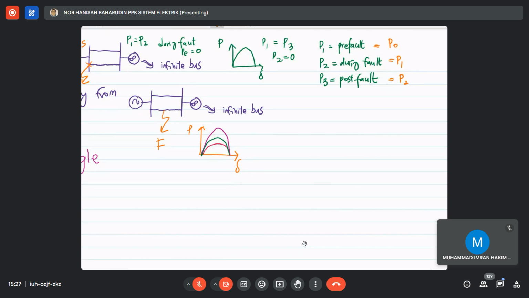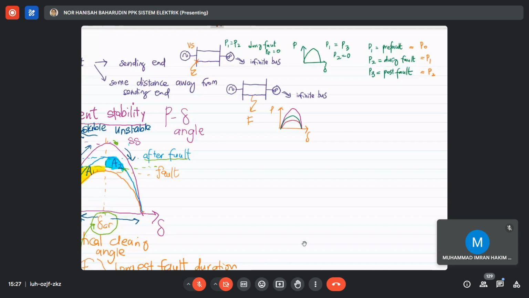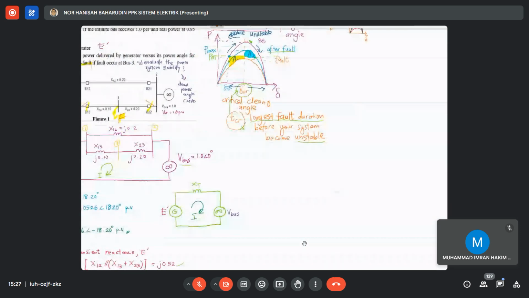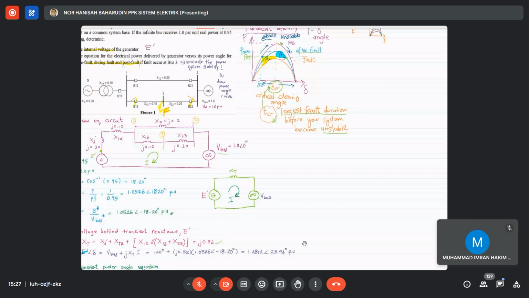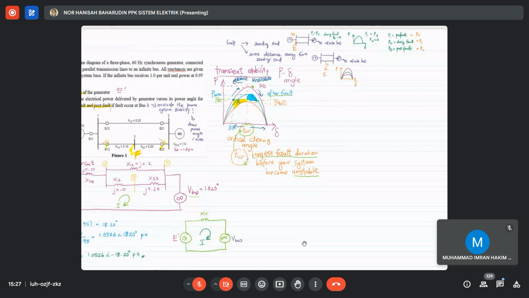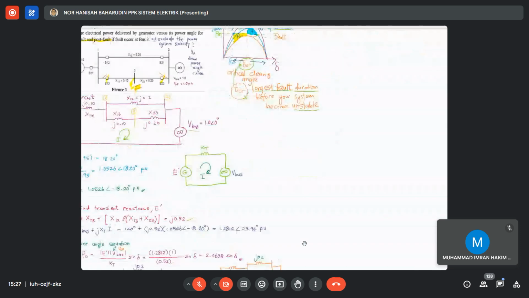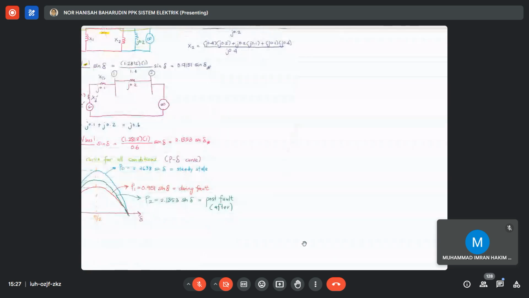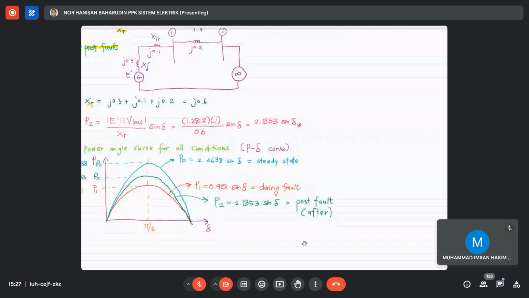It's okay whether you are using P naught, P1 or P2, but remember to please use the same nomination, the same name for the whole calculation. Don't use different names for different questions, so I may not get confused and give you wrong marks because I assume that you got the wrong answer. So make sure that you write down P naught is for steady state, P1 is for during fault, P2 is for post fault. So it is clearly explained which symbol you use for different conditions.